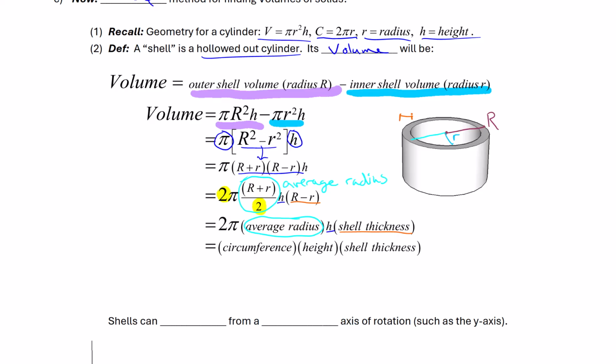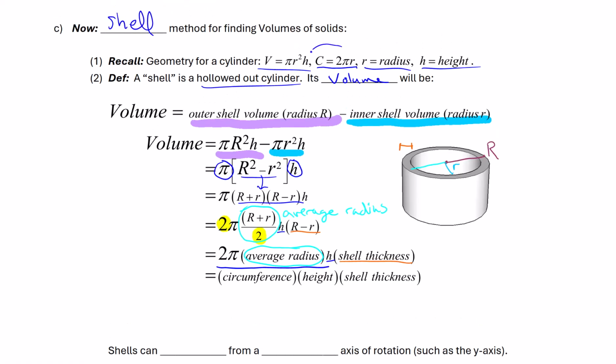Now, again, why are we messing around with all of these expressions or definitions? You'll see eventually that this is a very convenient way to express the volume of this shell. If we put it all back together, what you're seeing then is we have 2 times pi times average radius. Well, if you go back up, remember we said 2 pi r was our circumference formula for a circle.